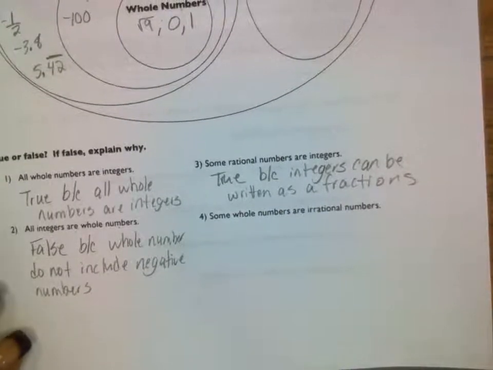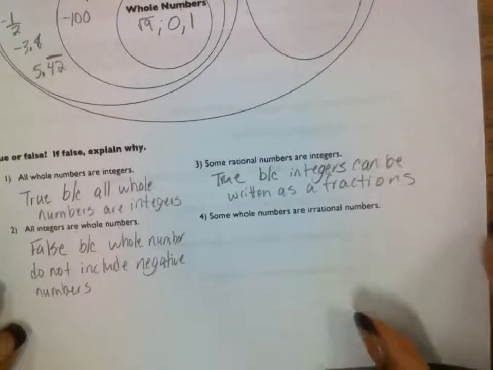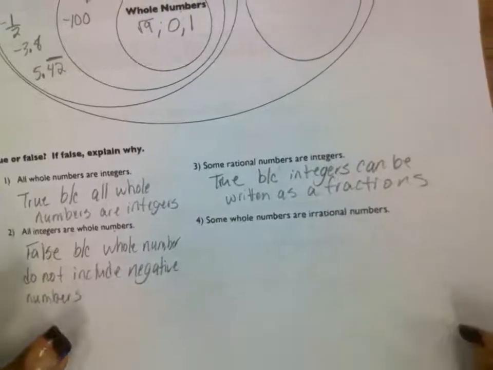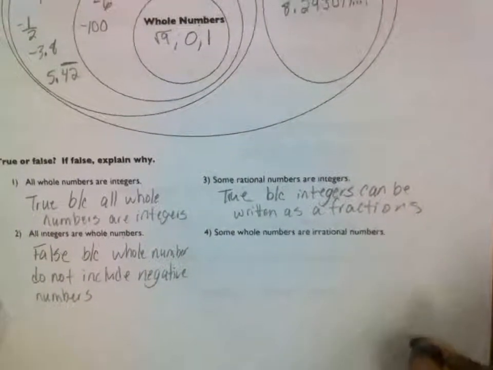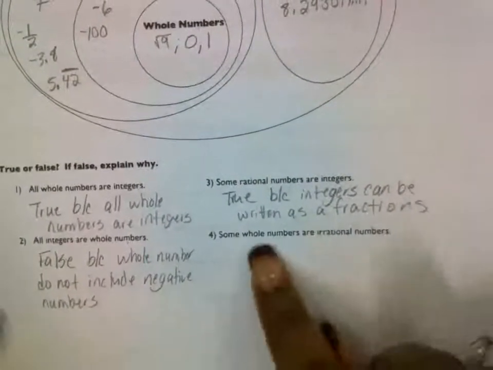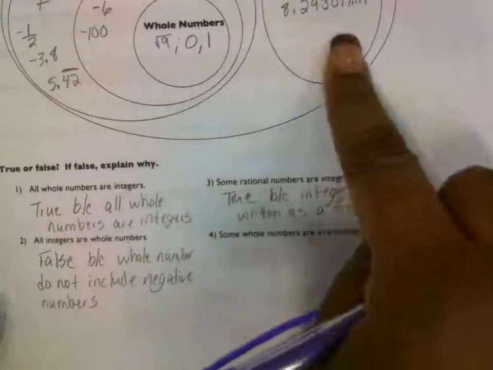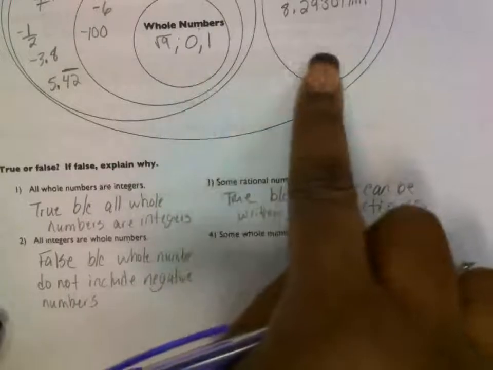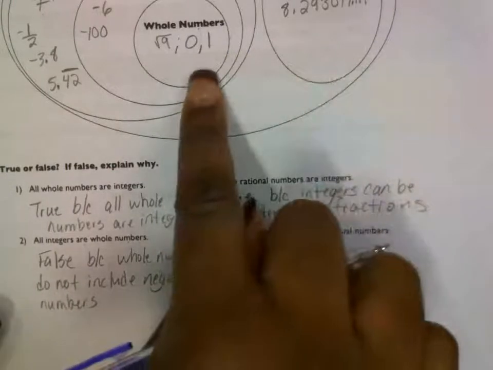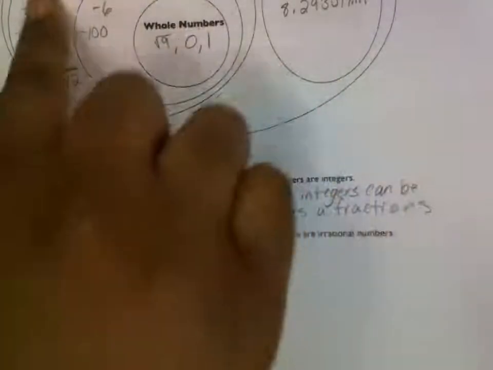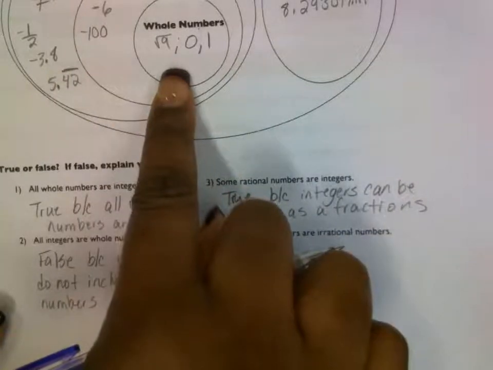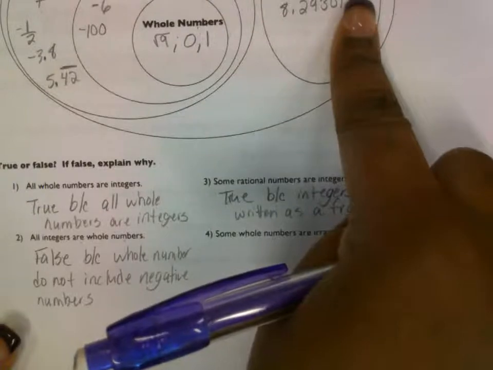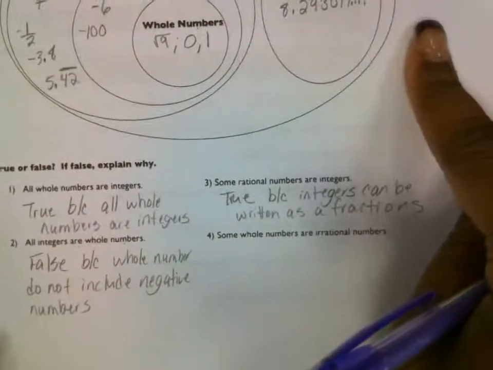The last one, it says some whole numbers are irrational. Is that true or false that some of these whole numbers are irrational? Is that true? No, none of them are. You see how whole numbers is over here as a rational number? And remember I told you that a number can't be both rational and irrational. It's either one or the other. Okay?